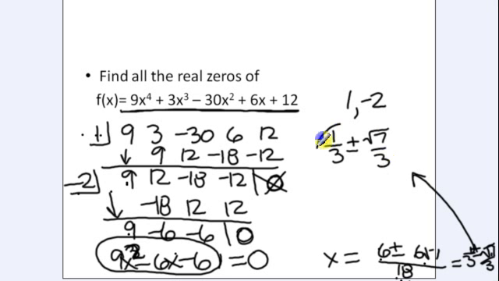So notice that gives me 2 more zeros, and those are irrational zeros because the square root of 7 is irrational. 2 solutions because of the plus minus, plus another 2 solutions up here, and notice I have 4 real zeros for this function. Notice also, it's 4th degree.